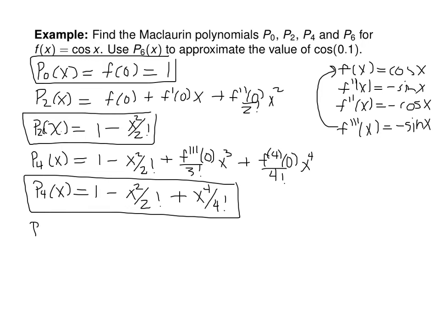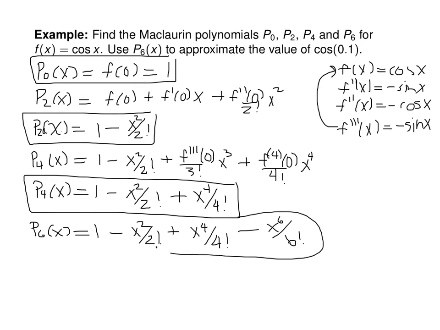So just using the pattern, P6 of x will equal 1 minus x squared over 2 factorial plus x to the fourth over 4 factorial. And next we're due for a negative term, so minus x to the sixth over 6 factorial. The next term you'd add on for P8 would be x to the 8th over 8 factorial, and then plus x to the 10th, etc.